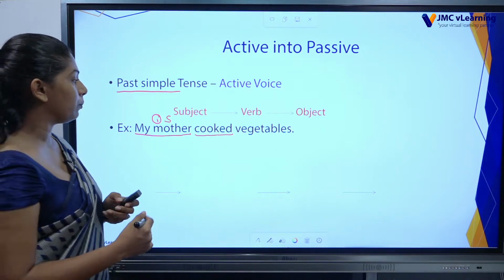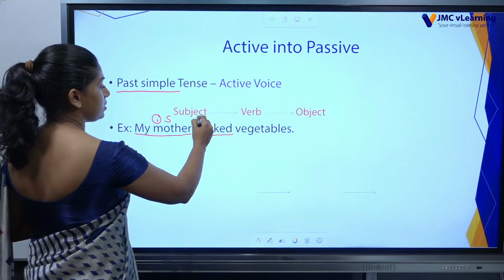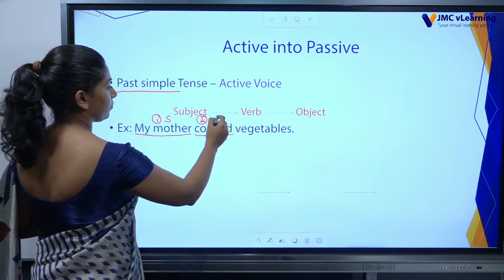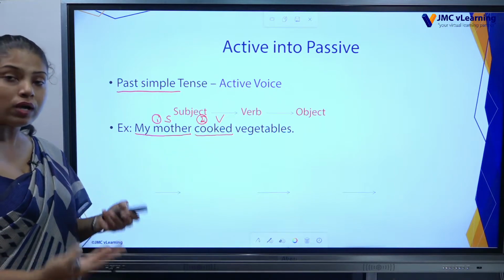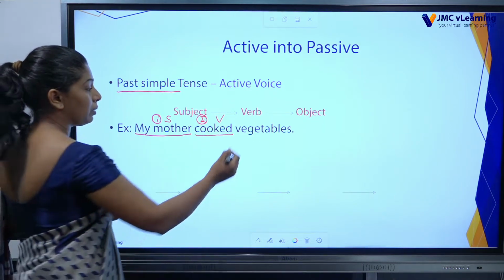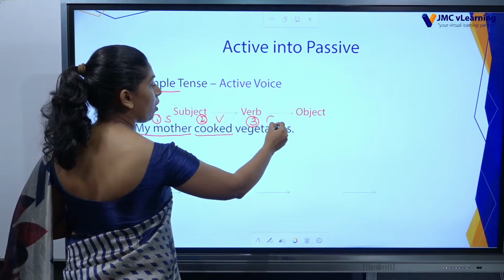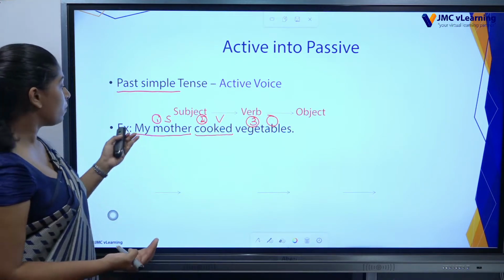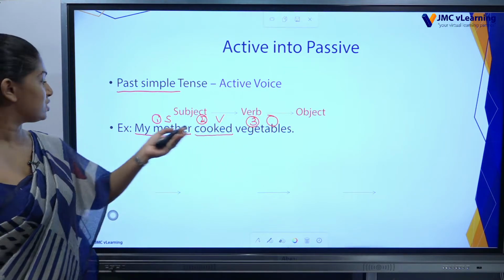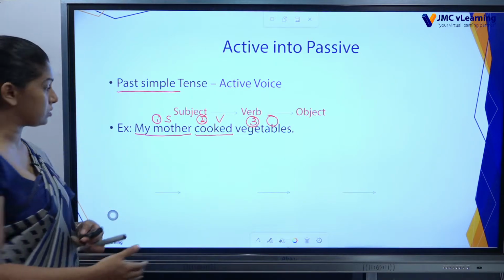That means verb in past, cooked. My mother cooked. What did your mother cook? My mother cooked vegetables. That is the object, which comes after the verb. So, my mother cooked vegetables, that means subject, verb in past, then the object.